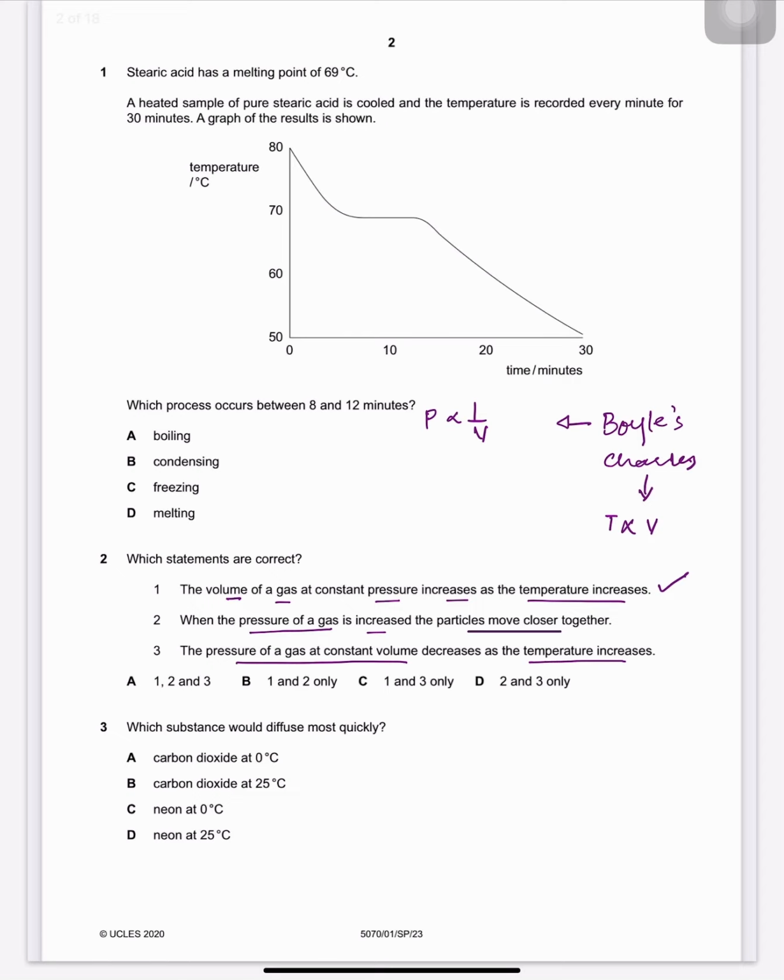Pressure and temperature. Let's write down that pressure is proportional to 1 over V, and temperature is directly proportional to volume. So PV is equal to nRT.